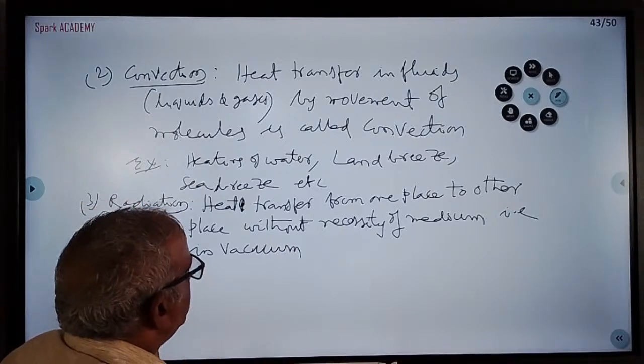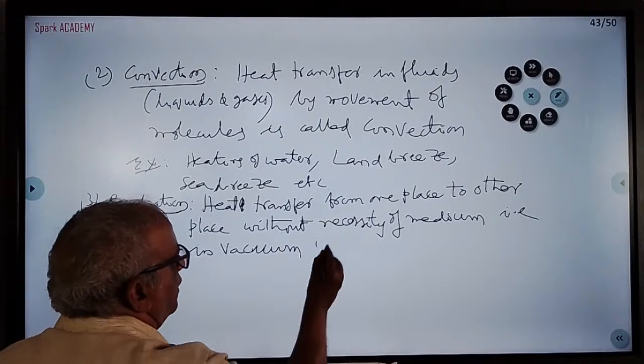Heat transfer from one place to another without a medium, in vacuum, is called radiation.